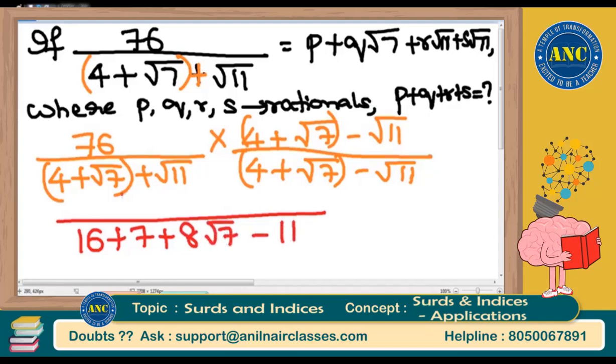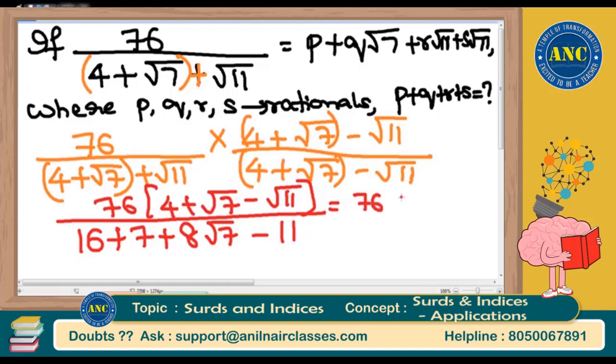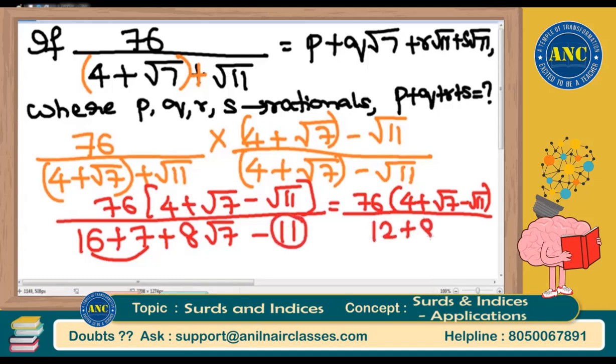Now numerator, if I simplify further, it is 76 into 4 plus root 7 minus root 11, right? Now further simplified, sir. It is 76 into 4 plus root 7 minus root 11 whole thing, divided by 16 plus 7 is 23, 23 minus 11 is 12, it is 12 plus 8 root 7, right? It is 12 plus 8 root 7.